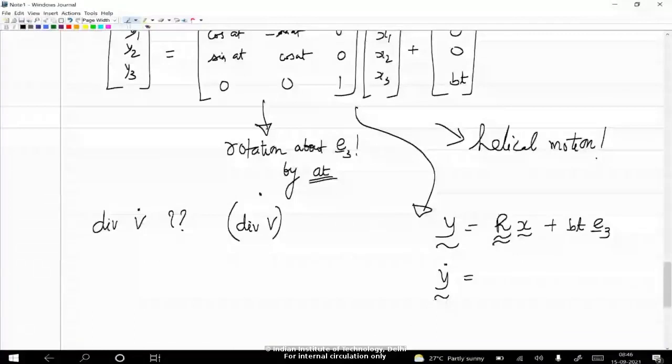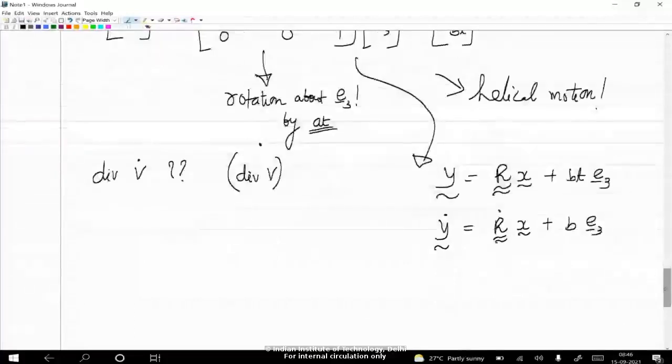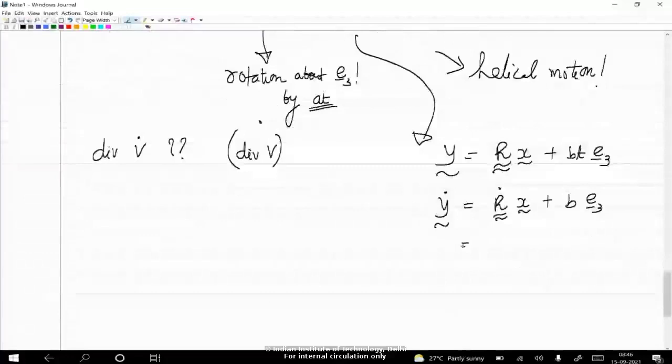Y dot is then simply R dot times x plus b e3, right? And this is then R dot R transpose into R into x plus b e3.